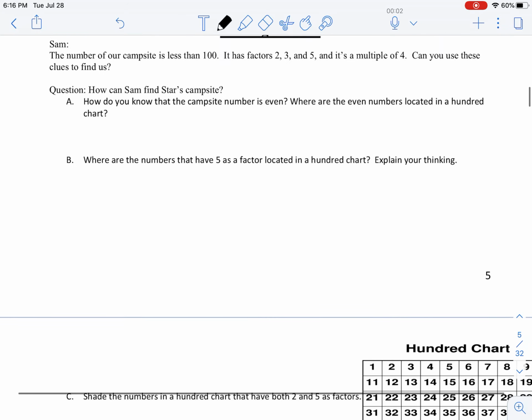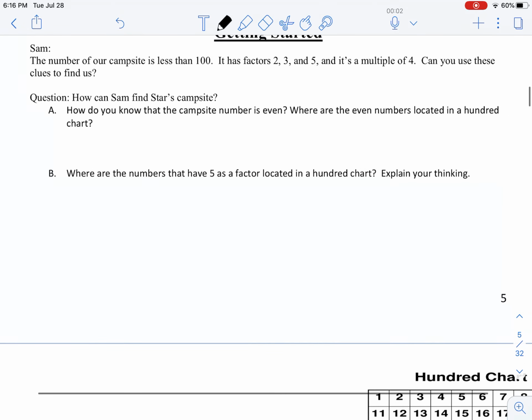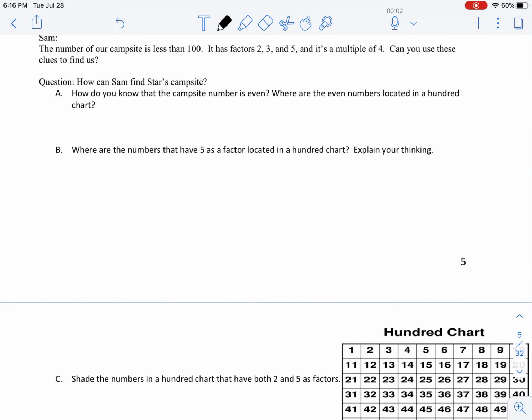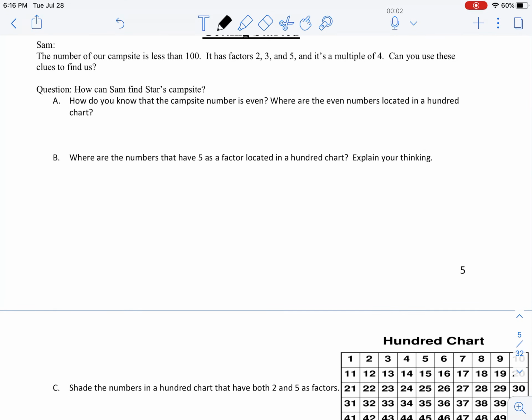Now, getting started. The number of our campsite is less than 100. It has factors 2, 3, and 5, and it's a multiple of 4. Can you use these clues to find us? How do you know that the campsite number is even? Because 2 is a factor.